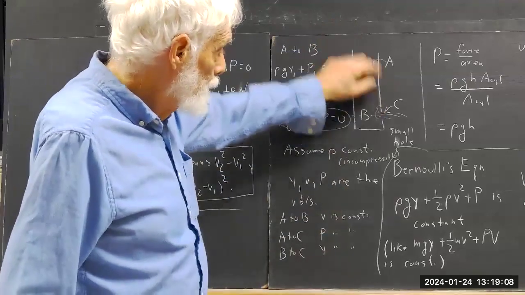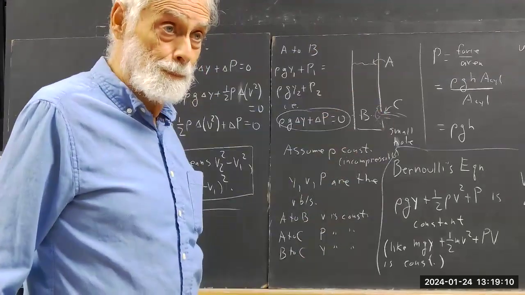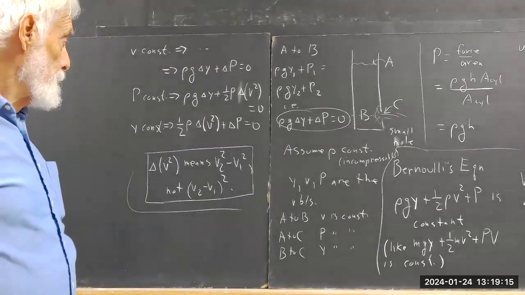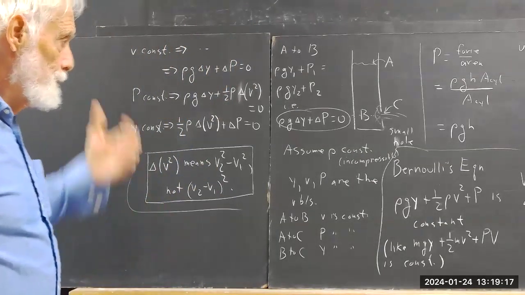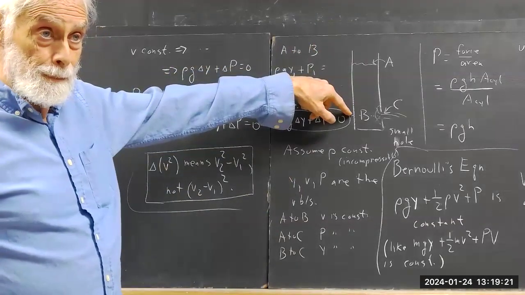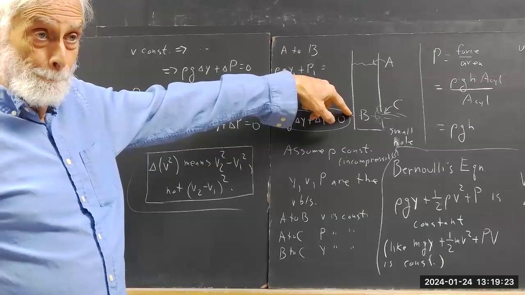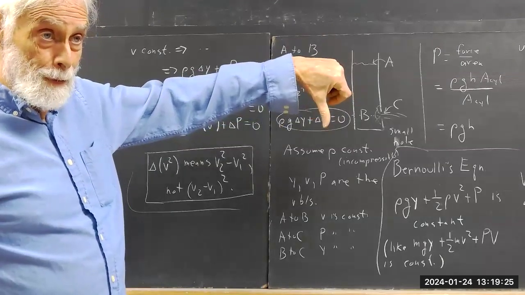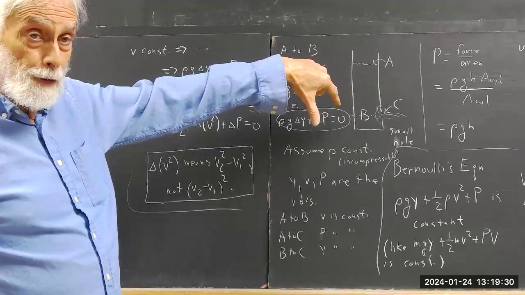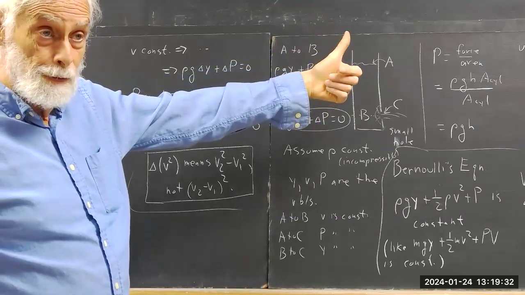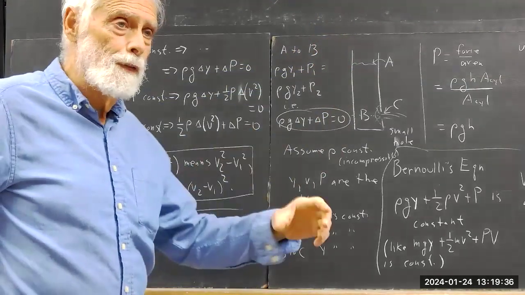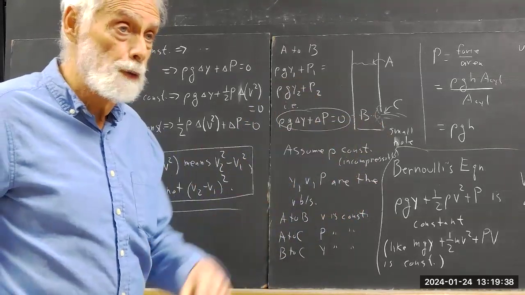But we have continuous fluid from here all the way to here. From A to B, what happens to Y? It decreases. What's the other thing that varies? Velocity doesn't, so it's pressure, and pressure has to increase. You want to think that way: think in terms of two points and what happens.